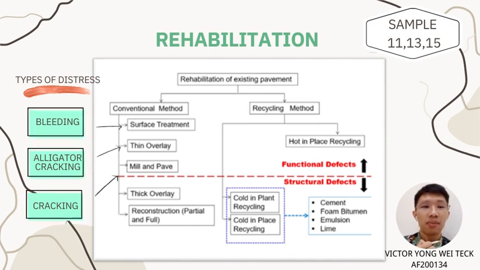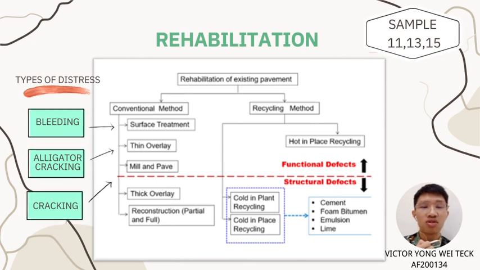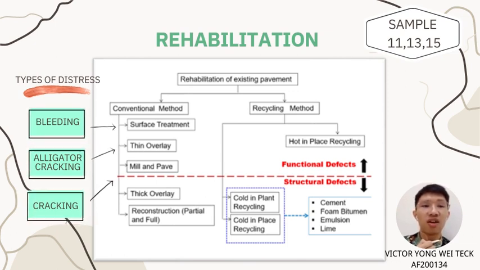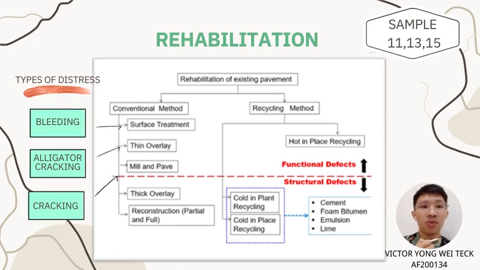Bleeding can be cured by using surface treatment. A surface treatment such as chip seal can increase the roughness of the road. A thin overlay is suitable to cure the alligator cracking. For severe cracking, the section of the road can be maintained by using mill and pave.